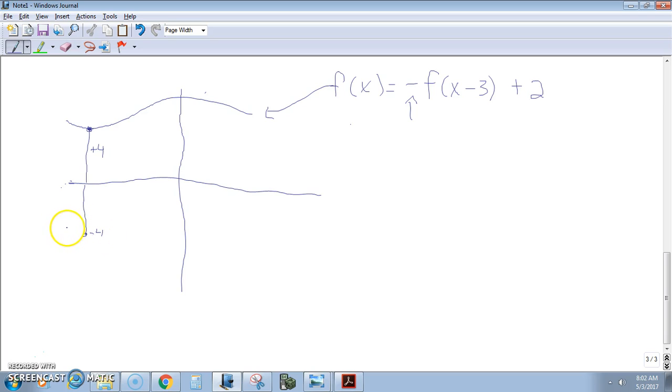Okay, so if I were going to fold this here along the x-axis, this point would match up with this point, right? And then let's say this is positive 6, then that would match up down here with like negative 6. Okay, and then this is 5, and then like negative 5. You guys get the point.